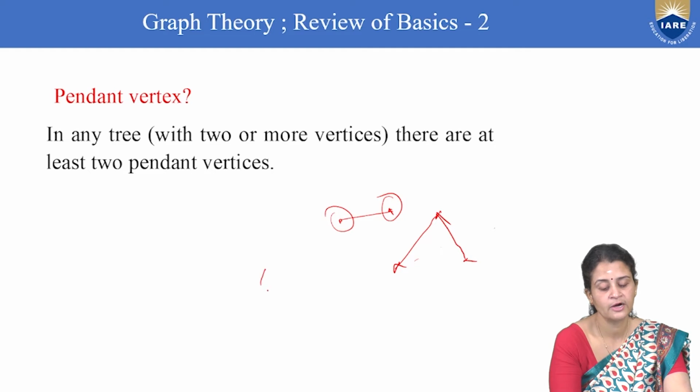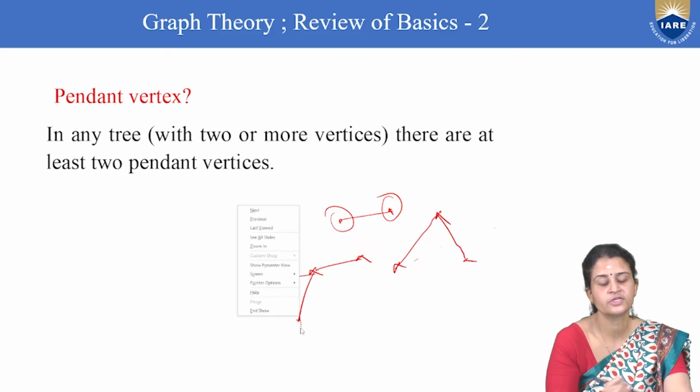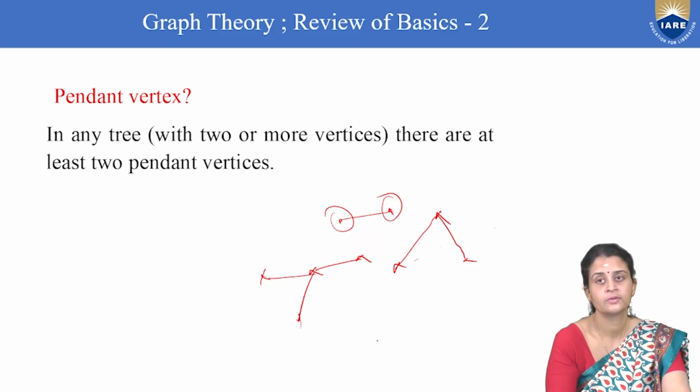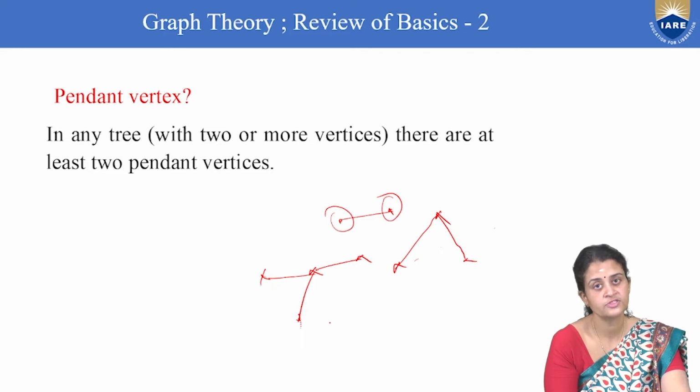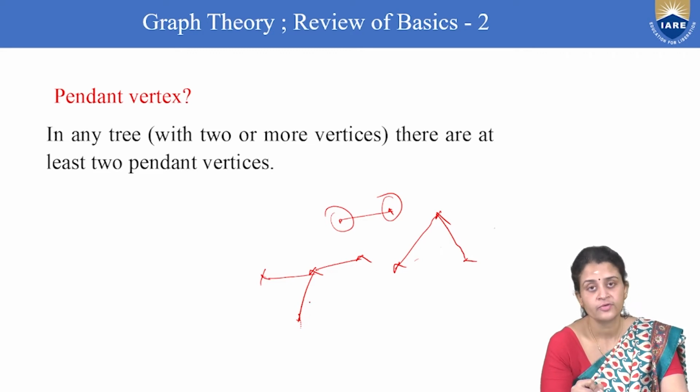If I have a tree with 4 vertices, like this, how many pendant vertices? I have 3 pendant vertices.